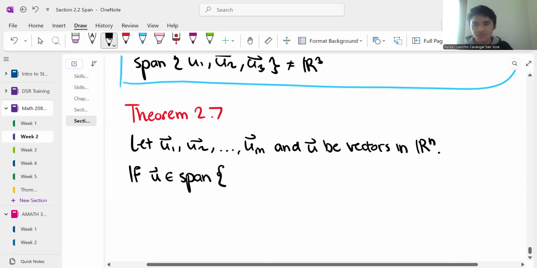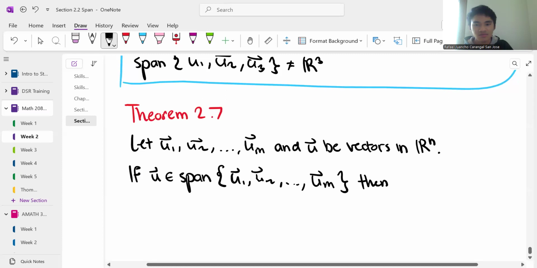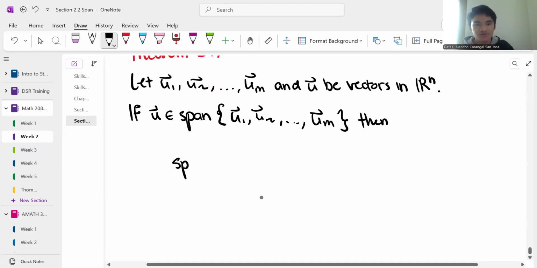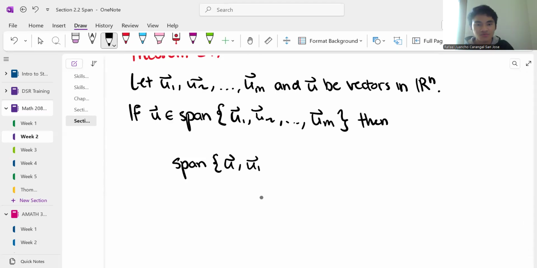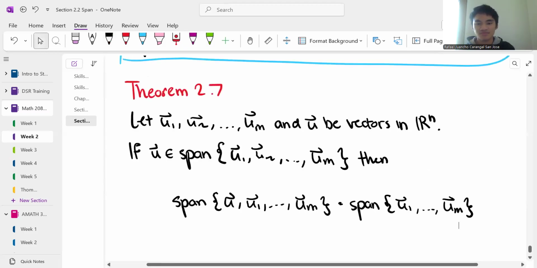So it belongs to the span of u sub 1, u sub 2, all the way to u sub m. Then we say that the spans of the two are equal. So the span of u, u sub 1, all the way to u sub m is the same as the span of u sub 1 all the way to u sub m. That's the theorem, right?